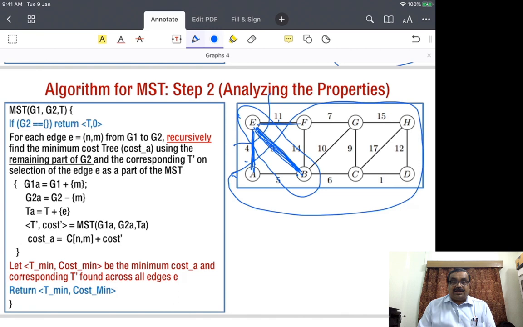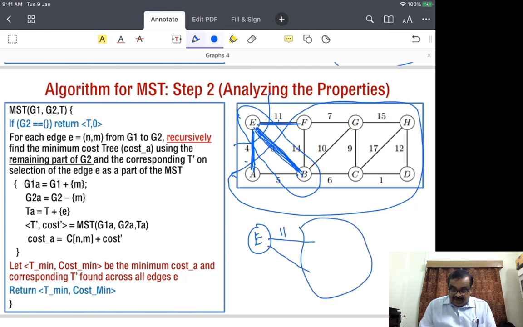The question is why? If E is here and the rest of the nodes are here, I had a cost 11 coming out, a cost 3 coming out, and a cost 4 coming out. Now let us say that I have got the MST of G2.